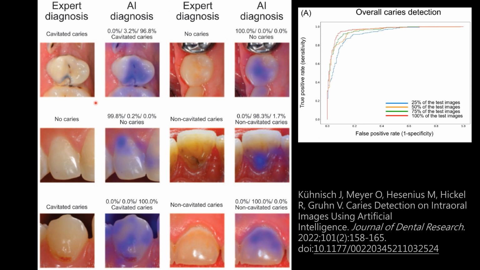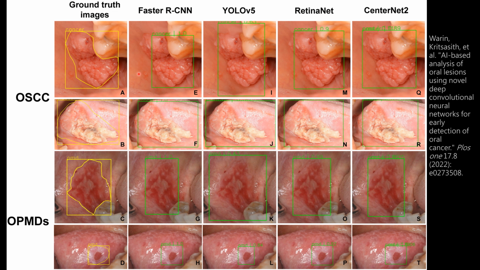If we train the AI, we label the cavity in the image, and the AI will be able to tell us where caries is most likely to be. We can also use different algorithms to catch things like oral cancer lesions in the picture.